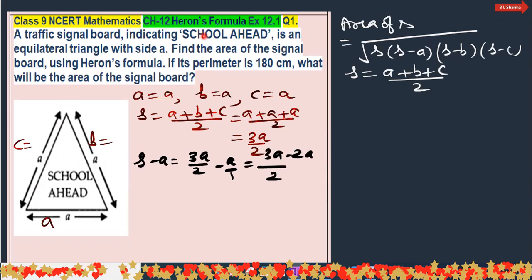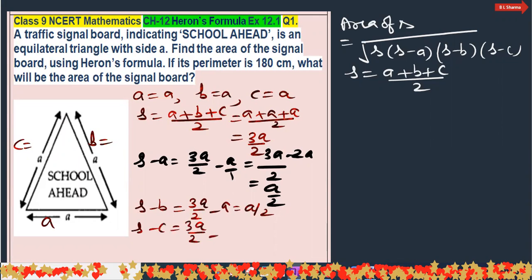So 3a minus 2a, that is a by 2. S minus b is also the same, that is 3a by 2 minus a, that is a by 2. S minus c, that is 3a by 2 minus a, that is a by 2. क्योंकि a, b, c तीनों ही a है, that is a is a unit, b is a unit, and c is also a unit.